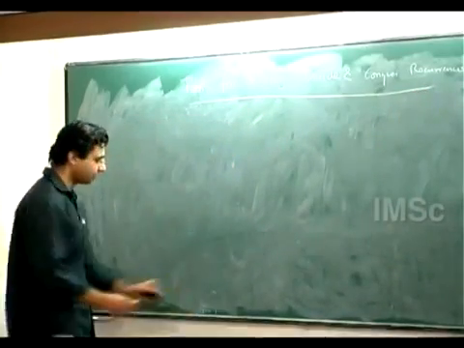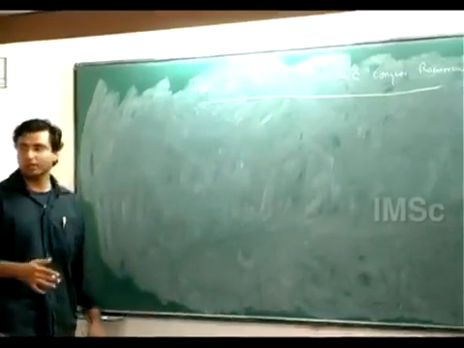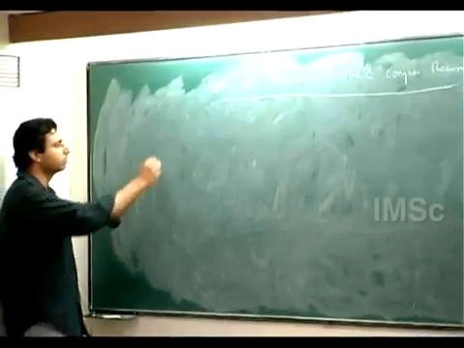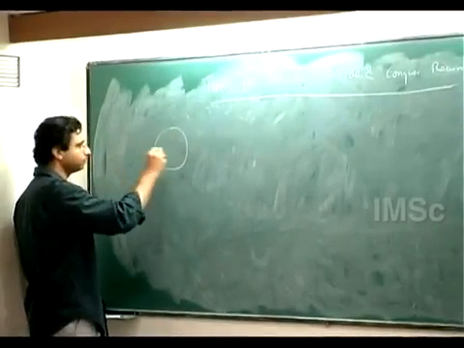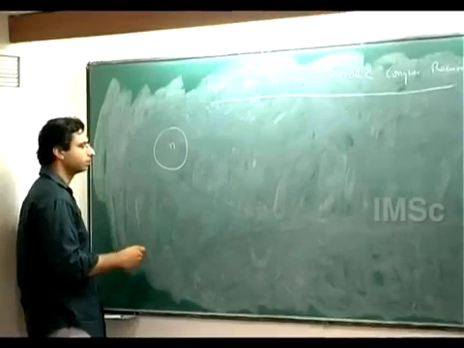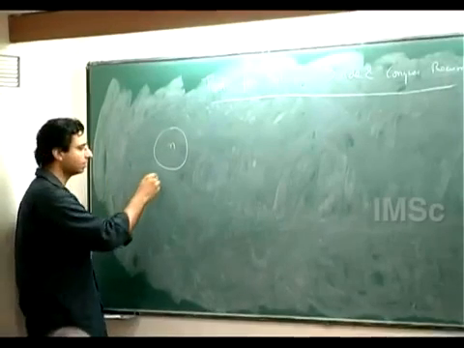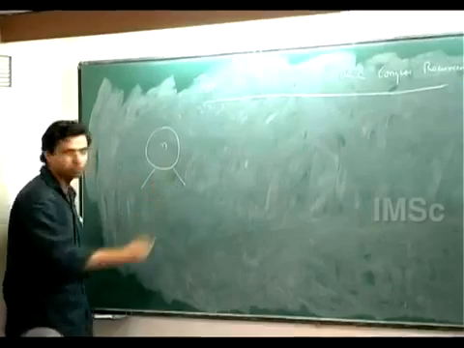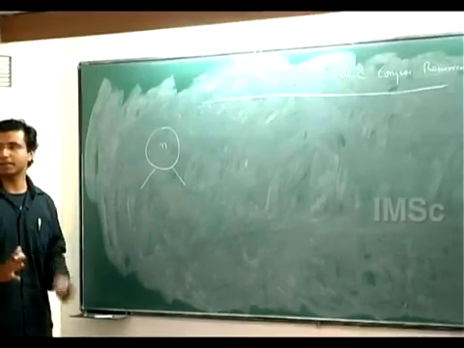As was mentioned, a general divide and conquer approach does the following. We have a problem of size n, and in the previous lecture we had seen that the problem was split into two parts of some smaller size.